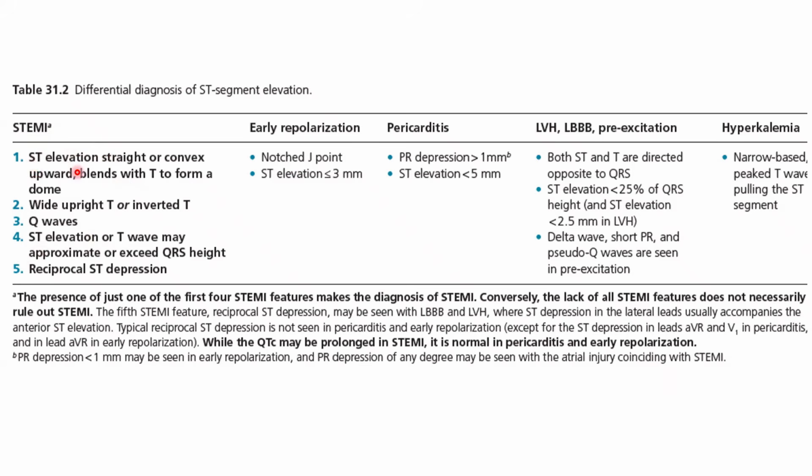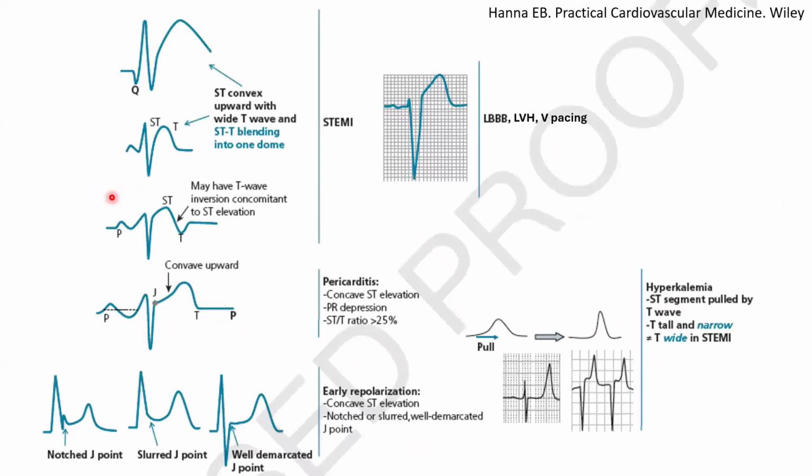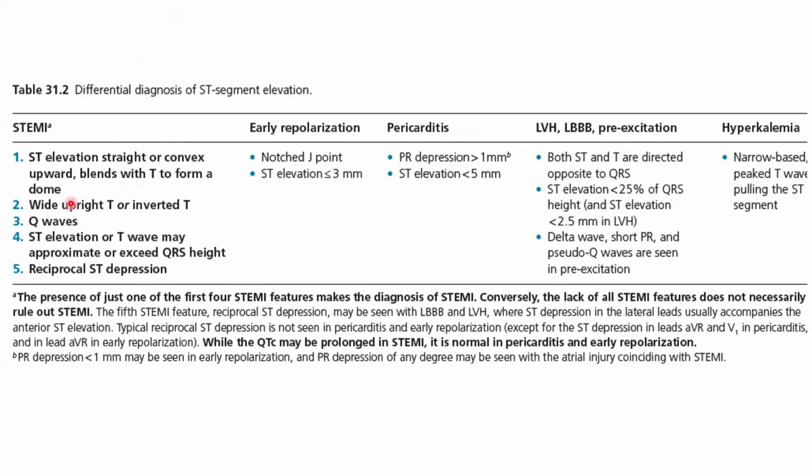ST elevation that is straight or convex upward, blending with the T to form a dome, such as this one. This morphology suggests STEMI. Then you have wide upright T or inverted T, so T-wave abnormality, along with a subtle ST elevation, or you have Q waves, or you have a size of ST elevation or T wave that almost approximates QRS height.